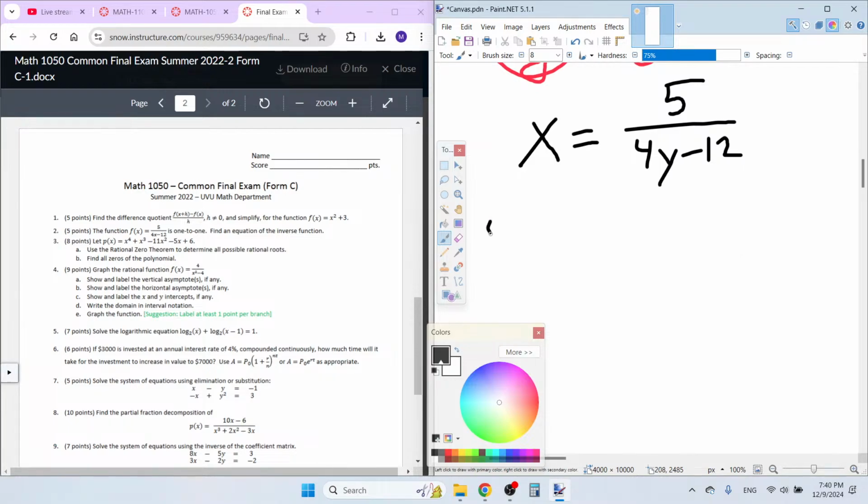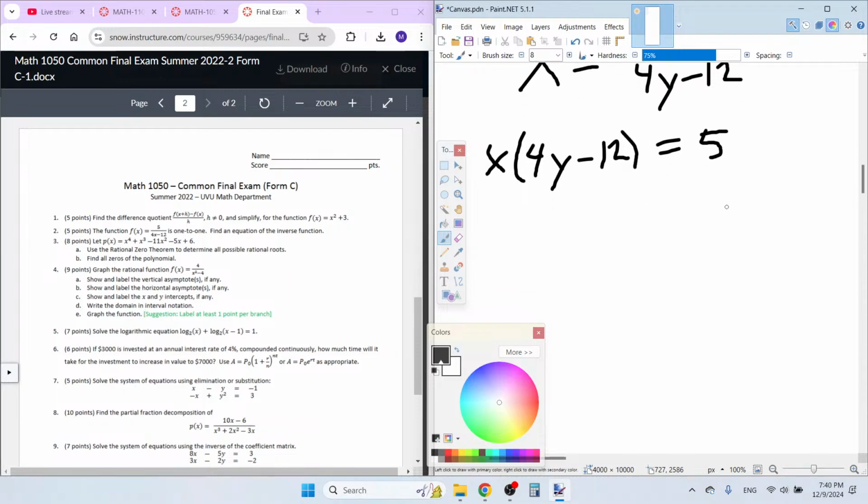This gives us x times (4y minus 12) equals 5. We distribute: 4xy minus 12x equals 5.